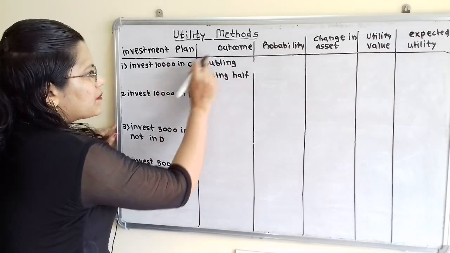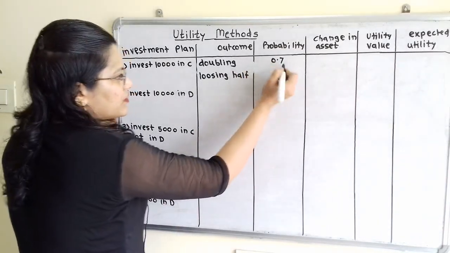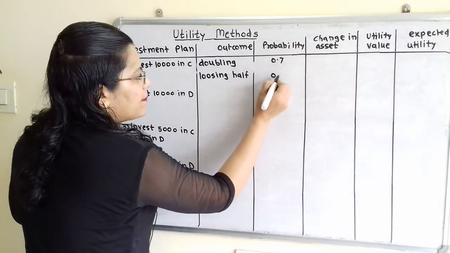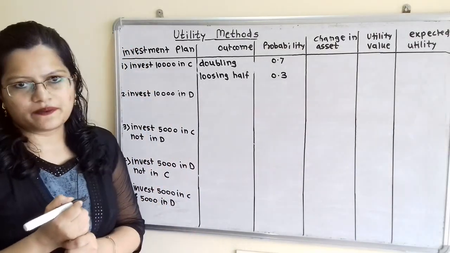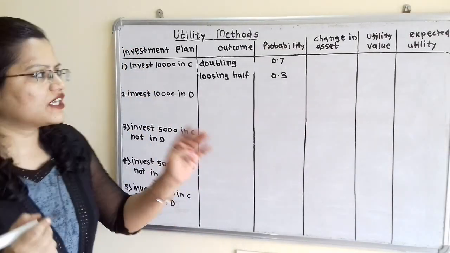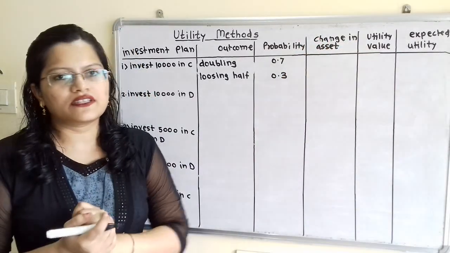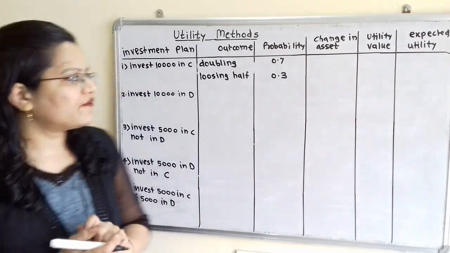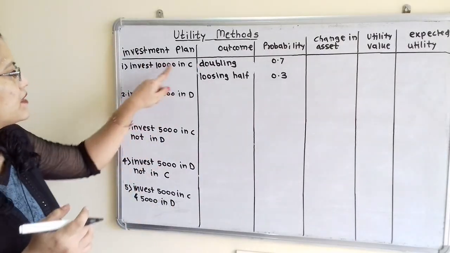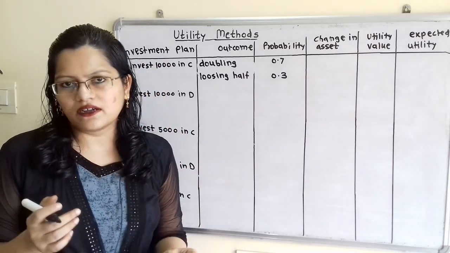Now for doubling money, the probability mentioned in the question is 0.7, and for losing half the money, the probability is 0.3. Now for the change in asset values, utility values are provided in the question. So what is the change in asset? For doubling money, we have invested 10,000 and the money is getting doubled.